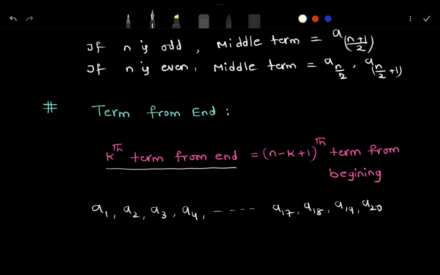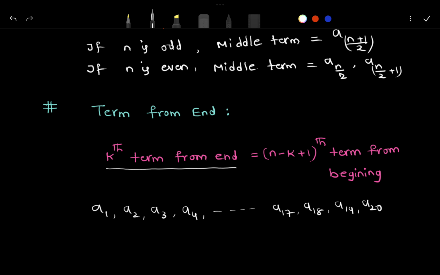So for example, if you take 20 terms, what is the 7th term from the ending? The 7th term from the ending means from right to left.